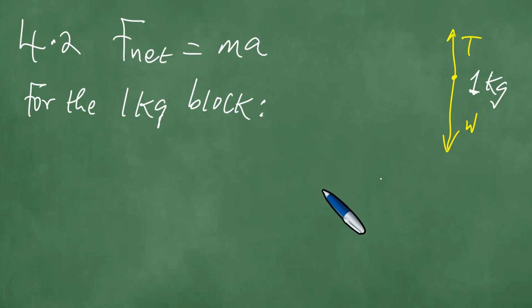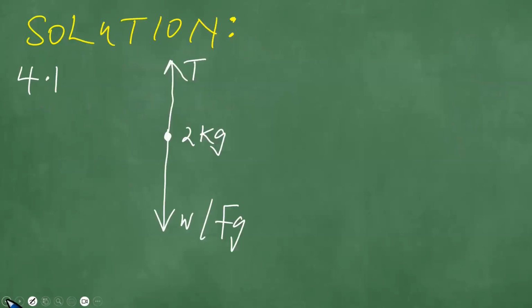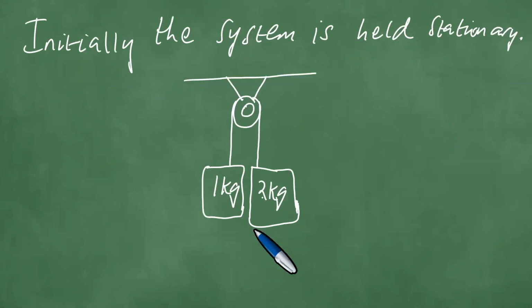If the system is released, we expect it to go up. So the tension is going to be much stronger. Why will the tension be much stronger? Because the 2 kg is heavier, so it's going to go down, and this one is going to go up.